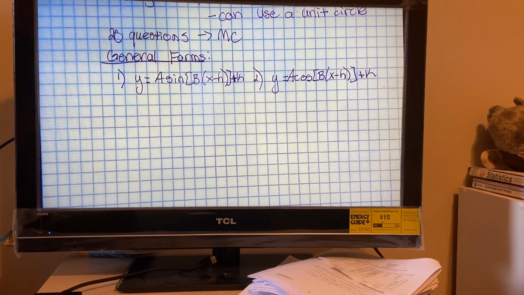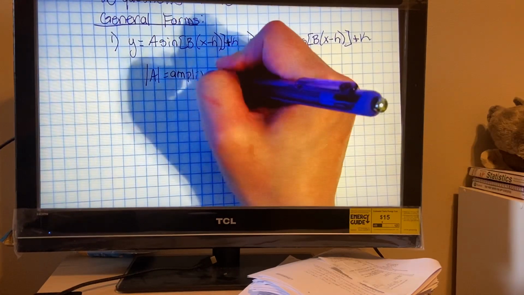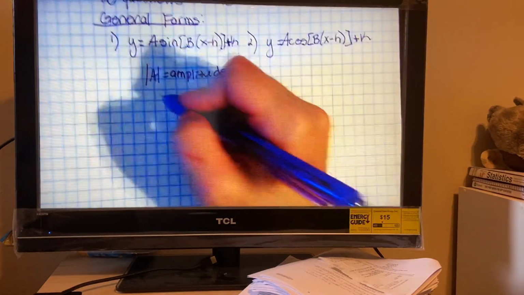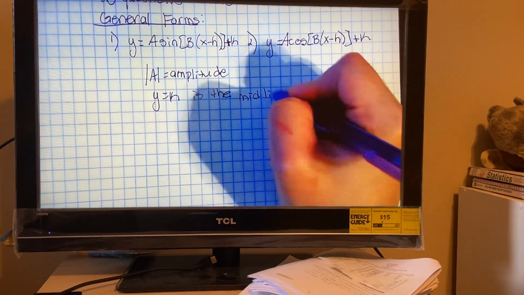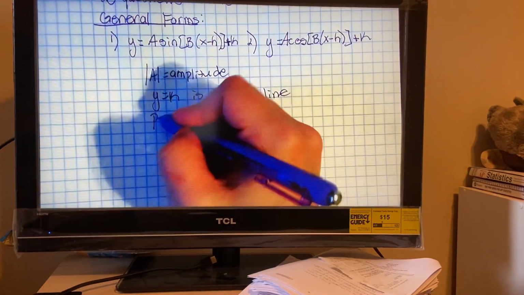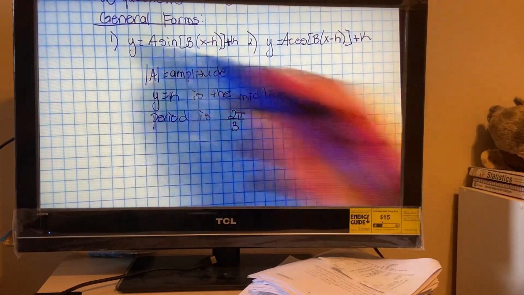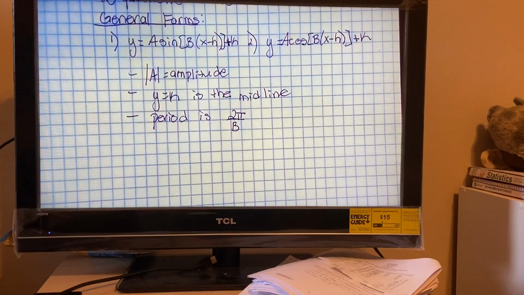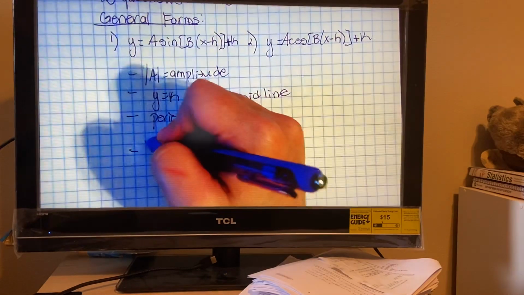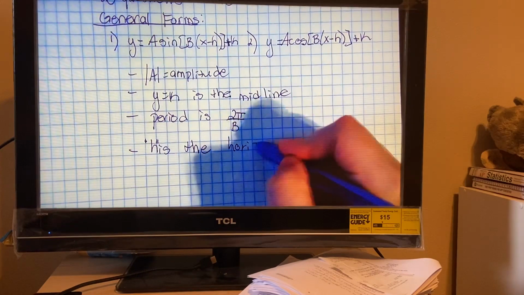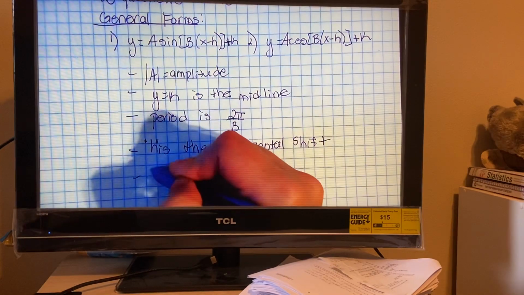Okay, so here are the general forms, very simply, where the absolute value of a is the amplitude, y equals k is the midline, the period is the distance of 2 pi over b, and h is the horizontal shift, where k is the vertical shift.